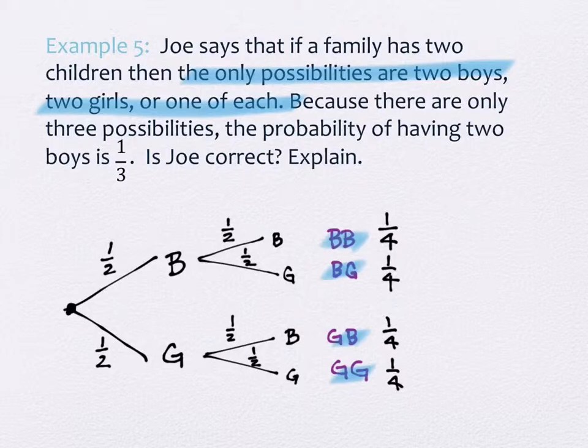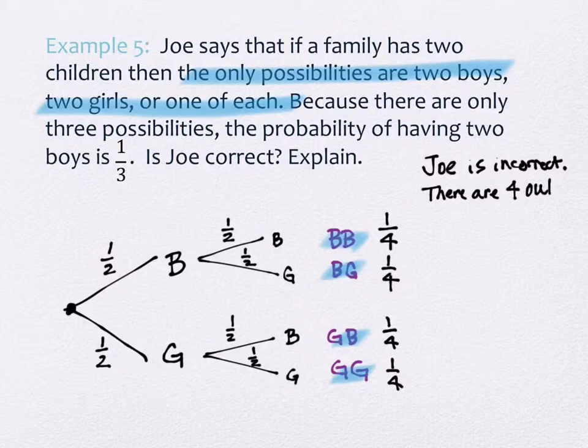So what are some of the things we would want to say to Joe? Well, he's not correct. Joe is incorrect. One way to think of it is that there are actually 4 outcomes that are equally likely.